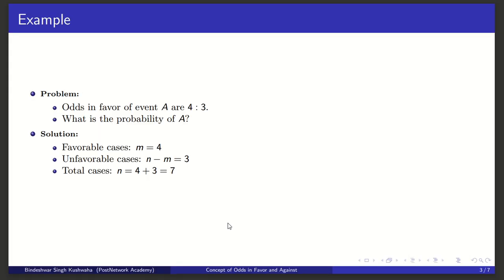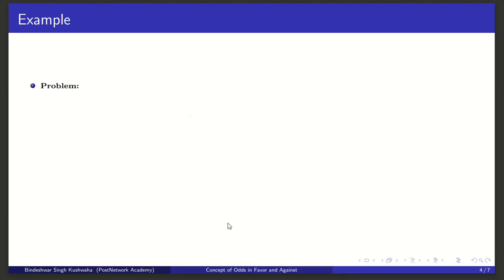So when we solve it, we will get total cases 4 plus 3, the total number of samples, the size of the sample space, is 7. So favorable cases are 4, so the probability would be 4 upon 7.